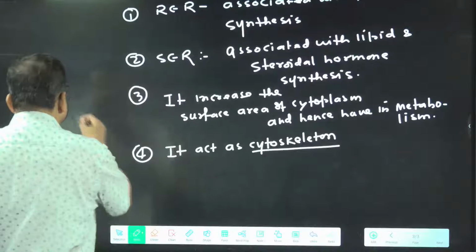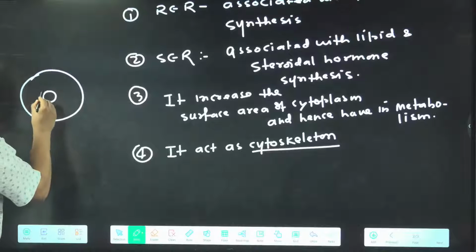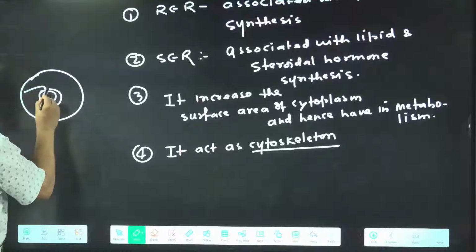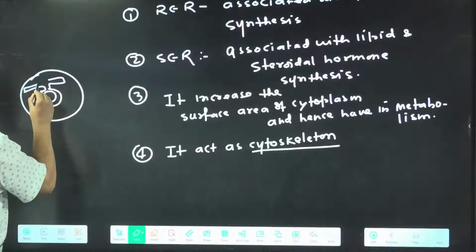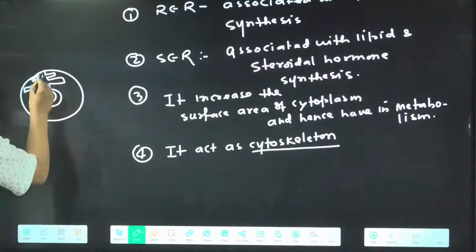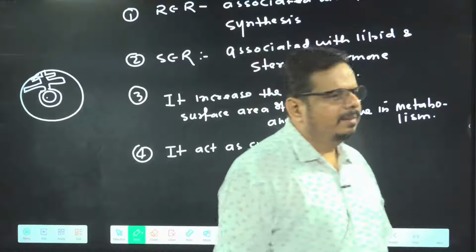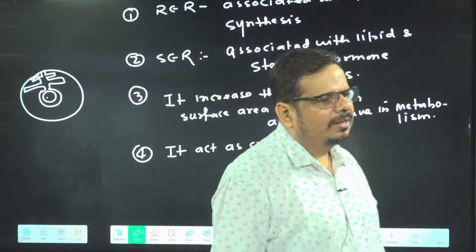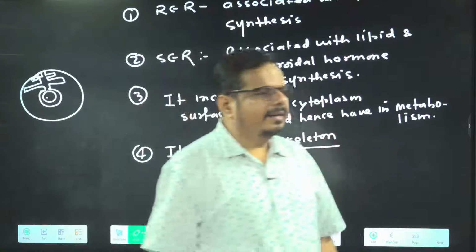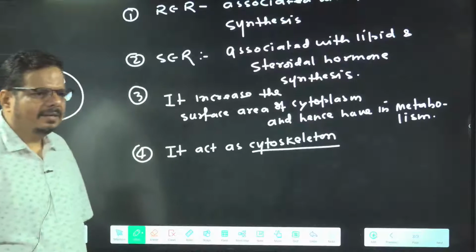Look now, this is the cell membrane, this is the nuclear membrane, and these are endoplasmic reticulum. One side is attached with the nuclear membrane, another side attached with the cell membrane. So it has that structural support, working like a cytoskeleton. Getting the idea? Is it clear in the mind?